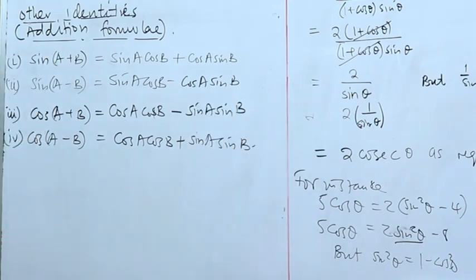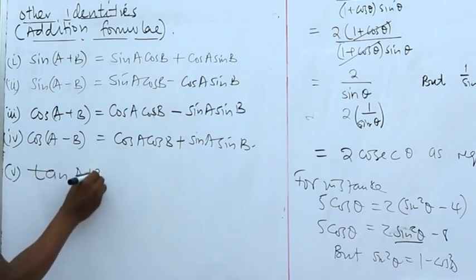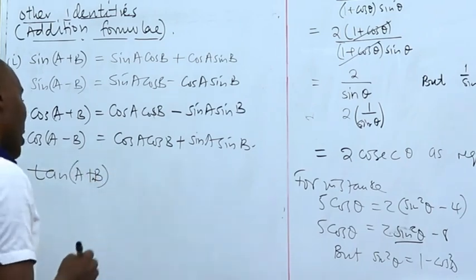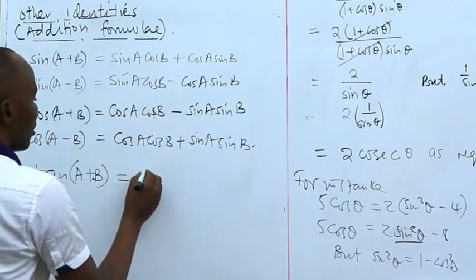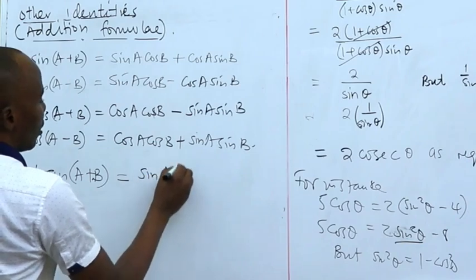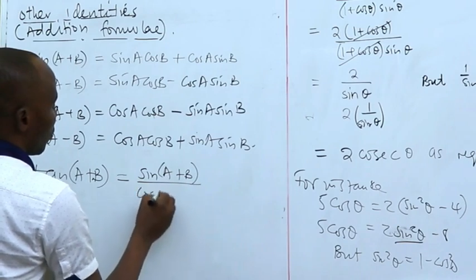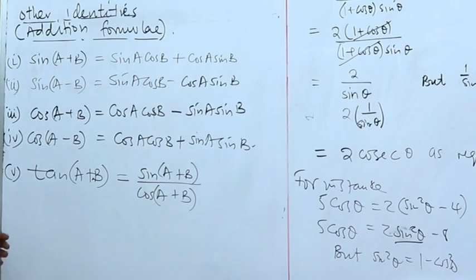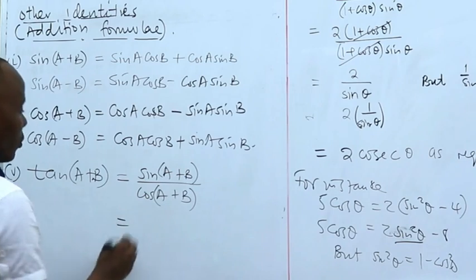Now, there comes in the tan. If it is tan of A plus B, I can take it as sine of A plus B all over cos of A plus B. But these two, we have them.